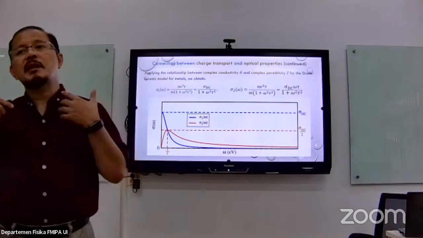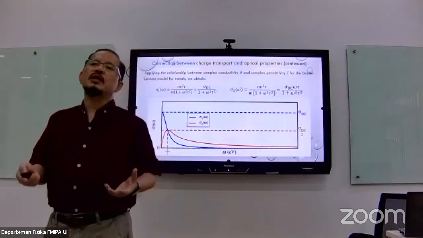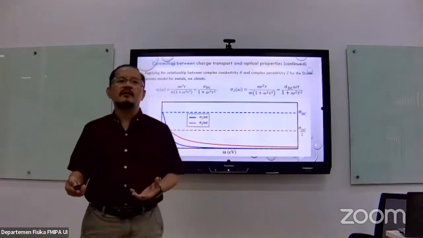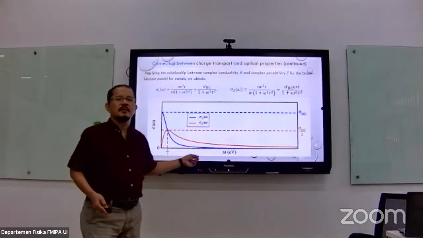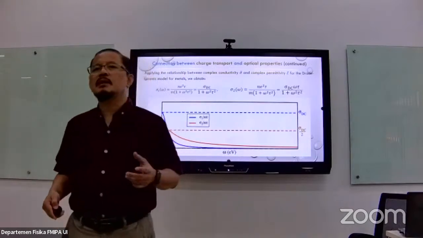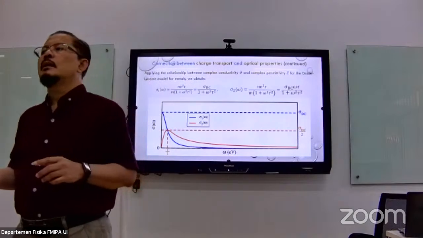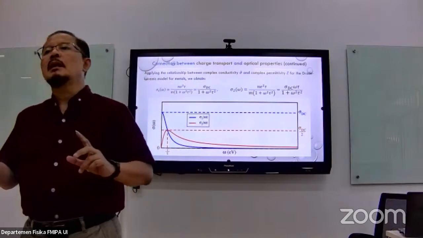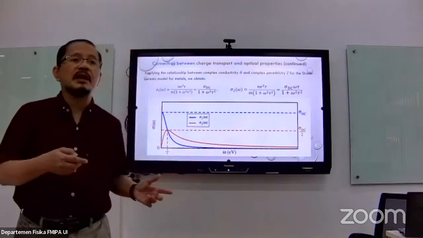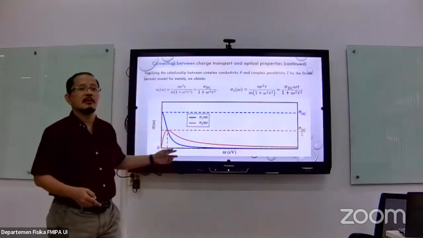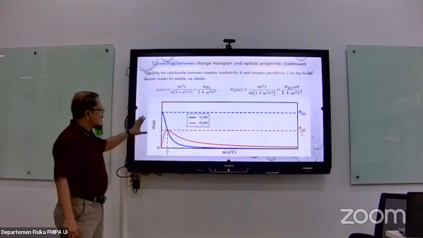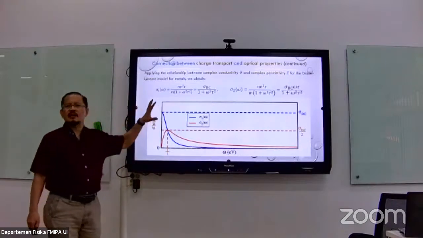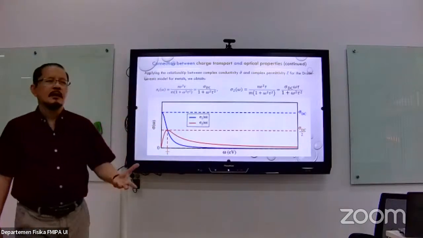Normally, when experimentalists show you an optical conductivity curve, that means sigma 1. Sigma 2 is not something they can extract directly from experiment, but by some indirect method they can also obtain it. So there is a certain characteristic that you should be familiar with.